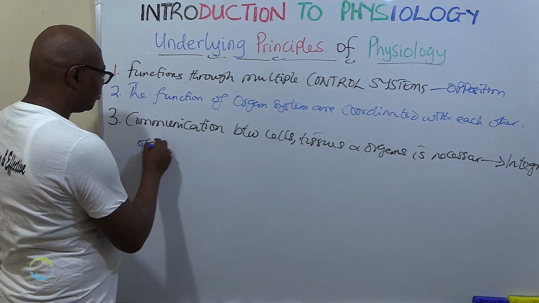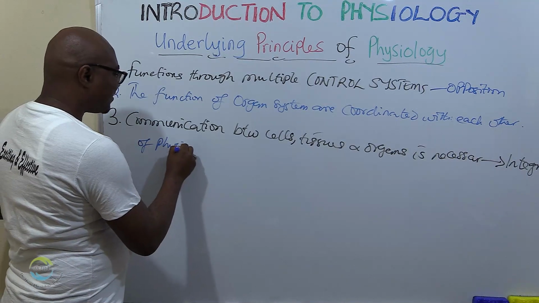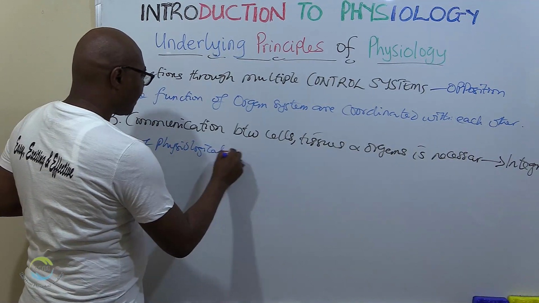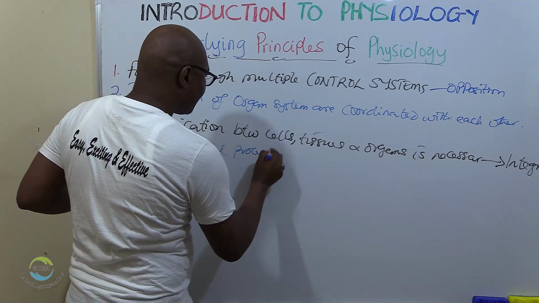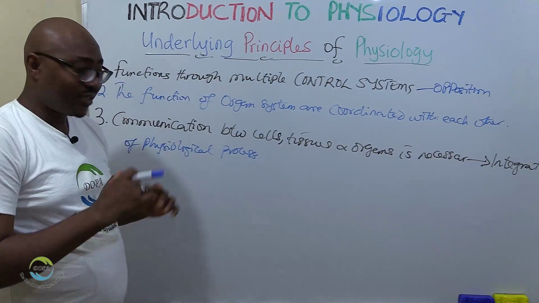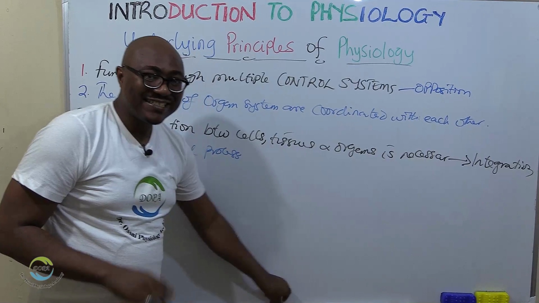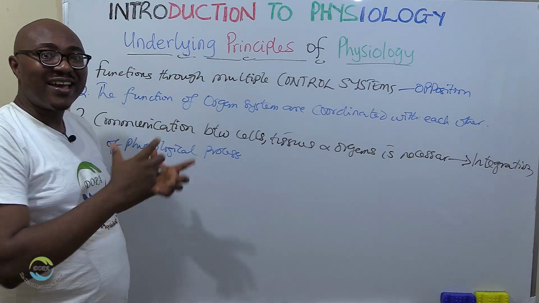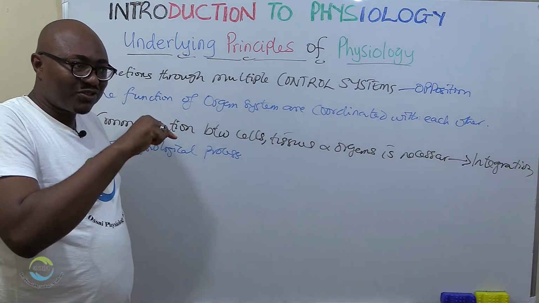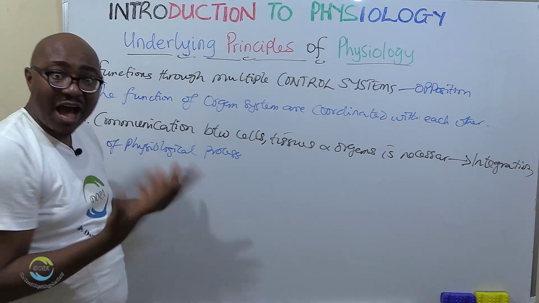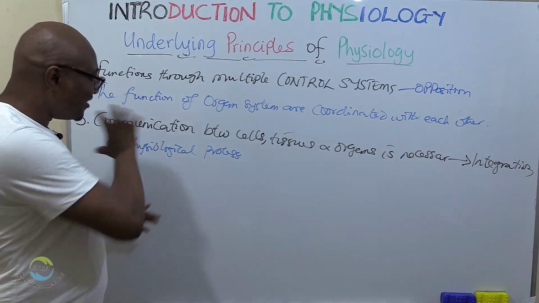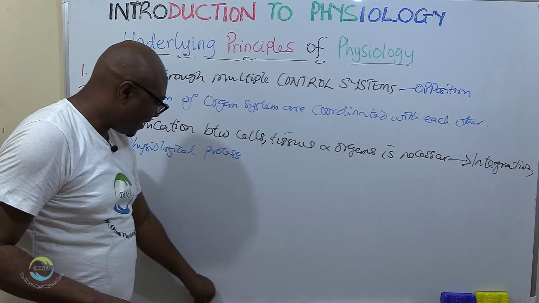Physiological processes. Okay? So that is very important, communication. So even in this general physiology, as we go ahead, we are going to focus on the aspect of communication. How do cells communicate? We're going to follow. So this is a very important principle that you need to know.